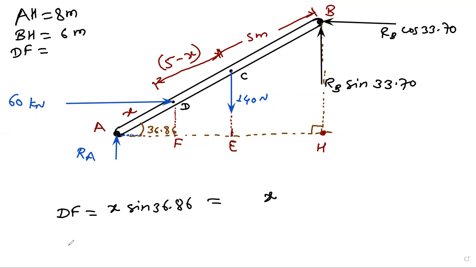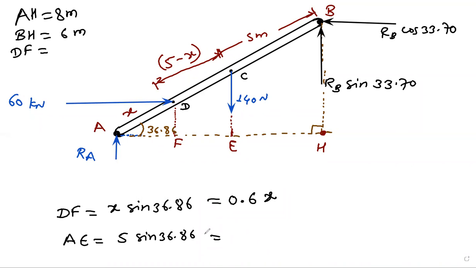And vertical we will get AE. AE, 0.599. Yes? 0.6x. AE, sine is opposite upon hypotenuse.